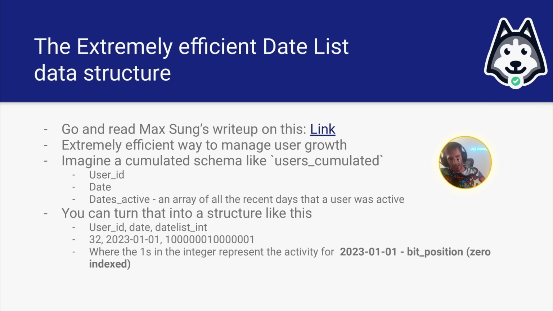Every day you look at the last 30 days of data, even though 29 of the 30 days haven't changed, only one has. That would be the very naive approach: every day process 30 days of data and do a group by to see that they were active on at least one of the last 30 days.